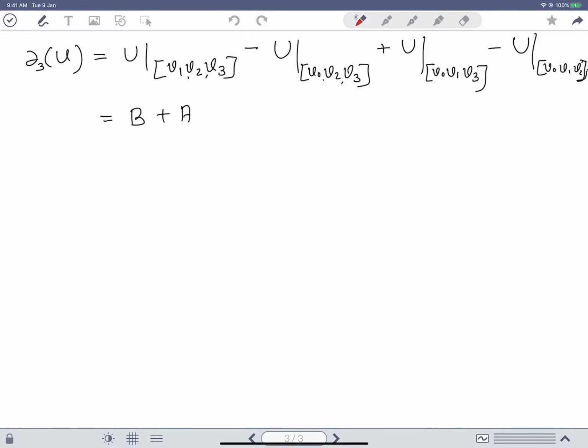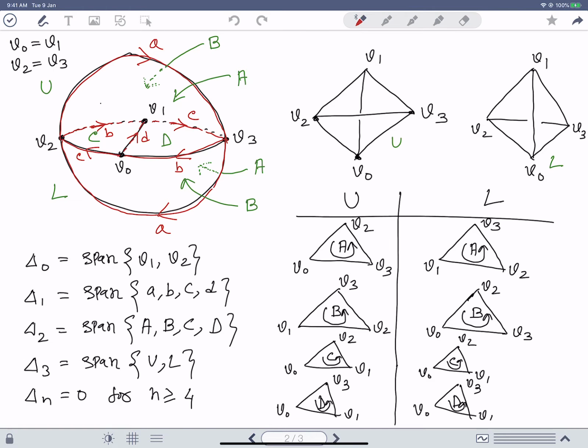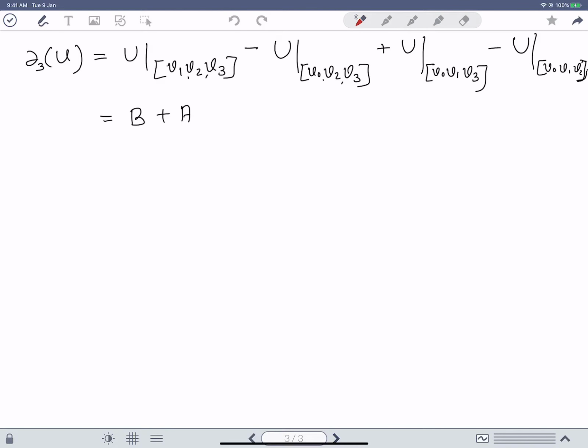Now, we have U restricted over V0, V1, V3. So that means we have D, right? Now look at the orientation at D, this one. So V0, V1, V3. So we have plus D here. And then what is my V0, V1, V2?